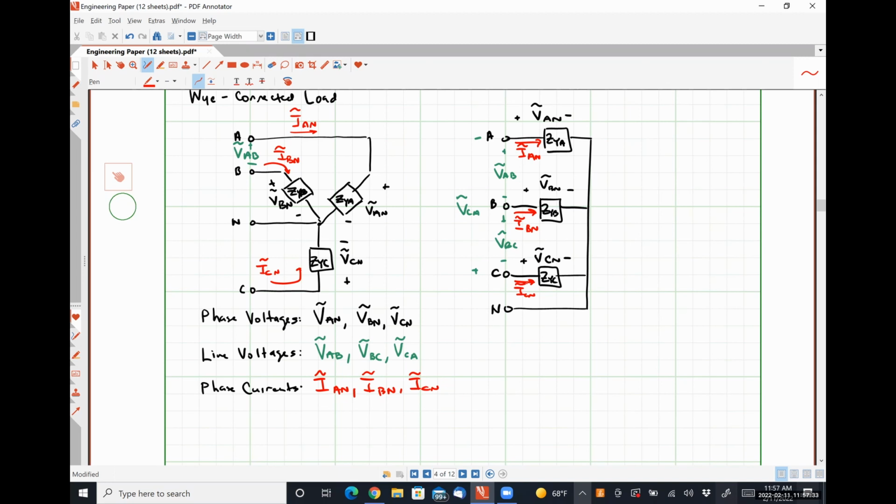Like so. Anybody have any questions regarding our Y connected load quantities?